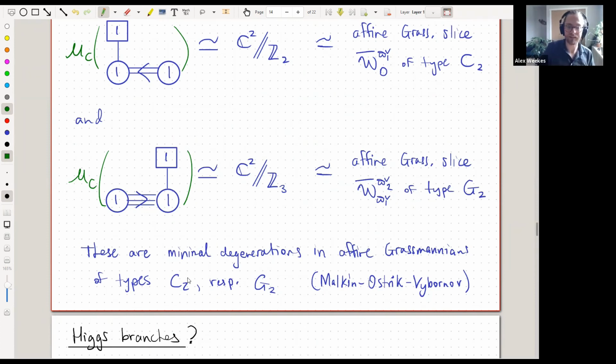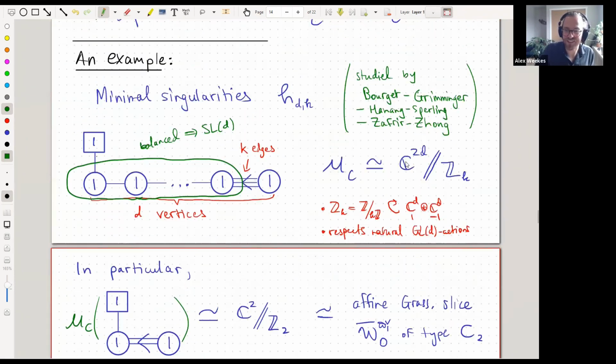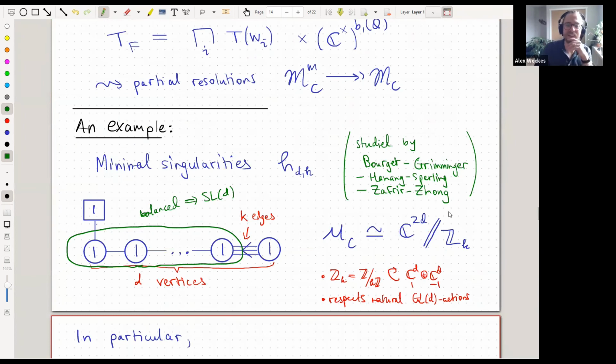These have been studied before by these people, as well as, for example, Daniel Juteau and some others. These are interesting affine Grassmannian slices, and we learn from this that, in fact, they're just quotient singularities. I really like this story, and I'm very grateful for the work of these people who are pointing this out.